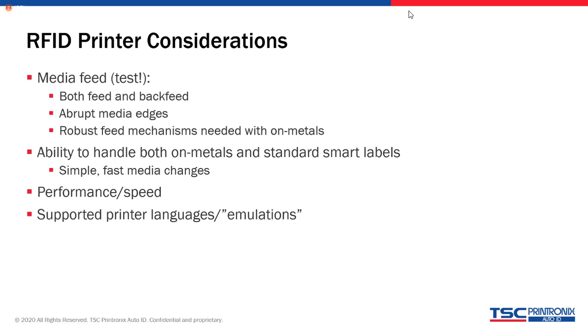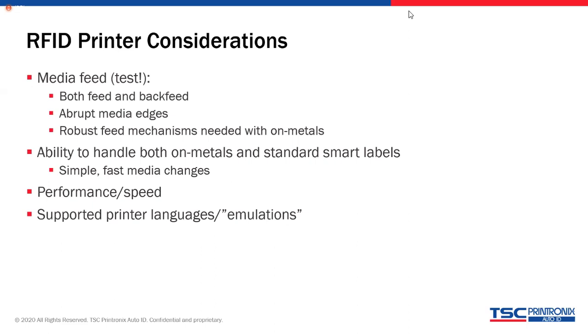I mentioned that we have basically eliminated backfeed with our new encode during print concept, but if there is a bad tag in the batch, the printer will need to backfeed to strike out that tag so you don't use it. So backfeed is still an issue.